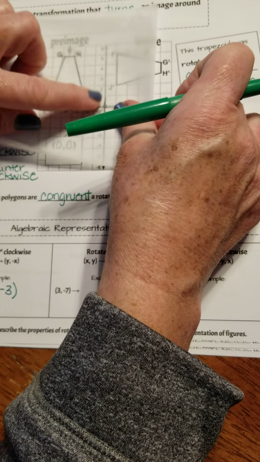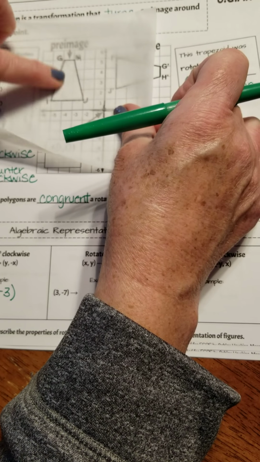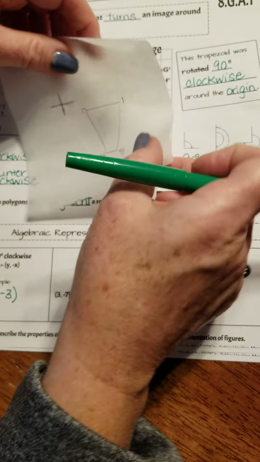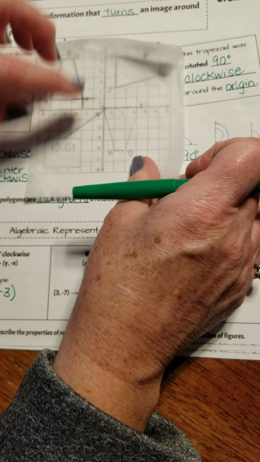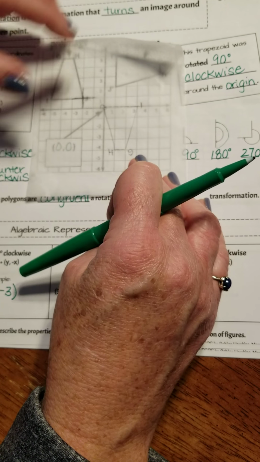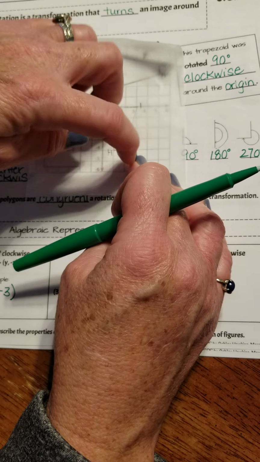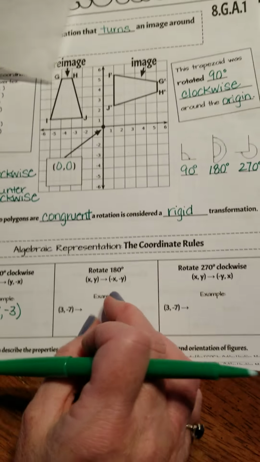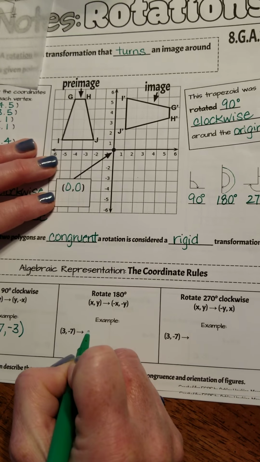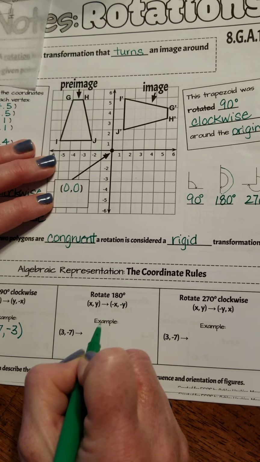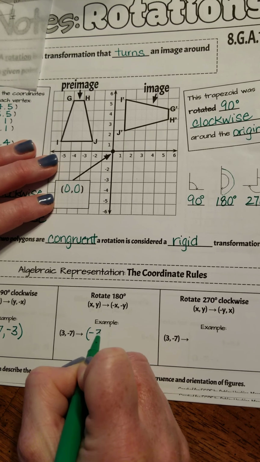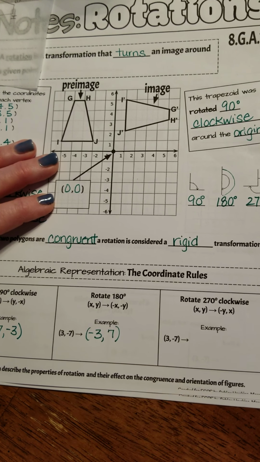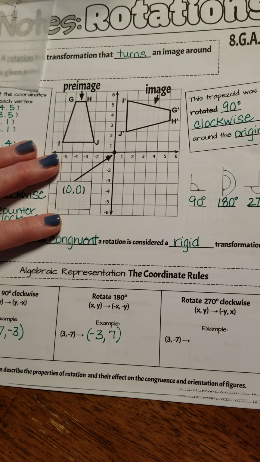Instead of having a negative and a positive ordered pair here, now our x would be positive and our y would be negative, because it puts it in the quadrant that is catty-corner to it. So in this case, we would end up with the opposite of 3 is -3, and the opposite of -7 is +7. Give that a try on your coordinate plane.